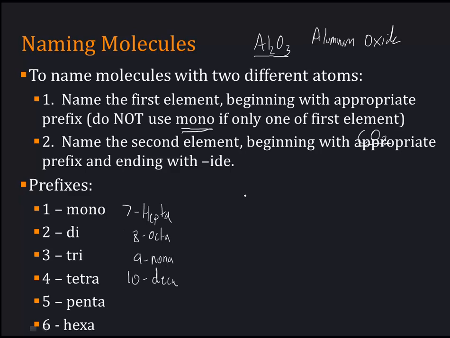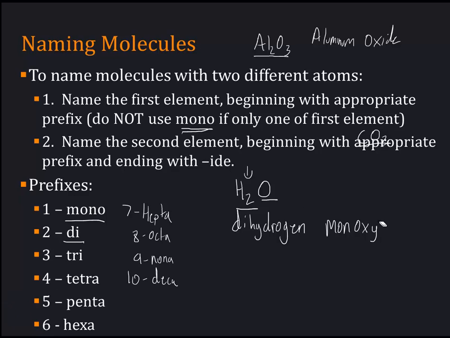But let's take a look at, say, H2O. The first element is hydrogen, and there's 2 of them. So according to my first rule, I'm going to name the first element beginning with the appropriate prefix. So dihydrogen. Then I have oxygen, appropriate prefix, so mono, and then oxygen, except that I'm going to change the ending to IDE.